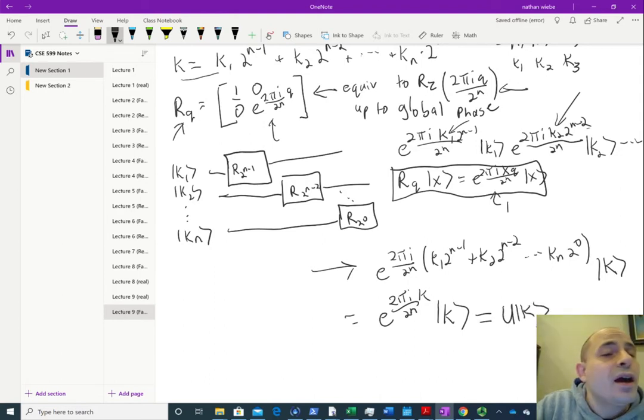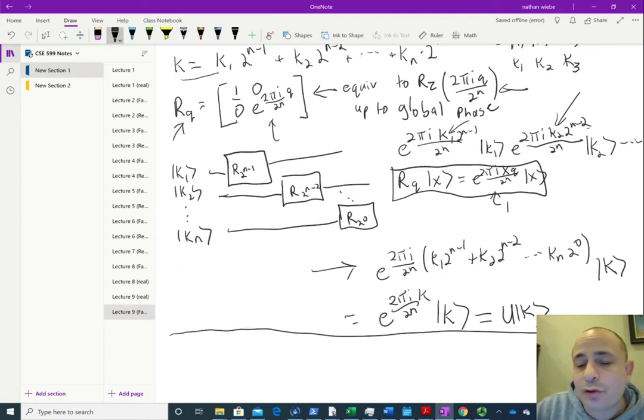So you see, this sequence of rotations going over binary powers of 2, which is one of the reasons it's called binary exponentiation, is a direct way for us to implement e to the i k over 2 to the n, or U. Okay, so that's how we build U.